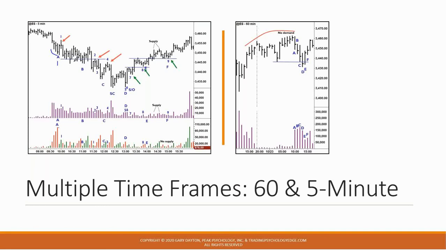So we short that. Then the market goes sideways for a bit, but it makes a lower 60-minute low on bar B, and that occurs right here on the Weiss wave, right?